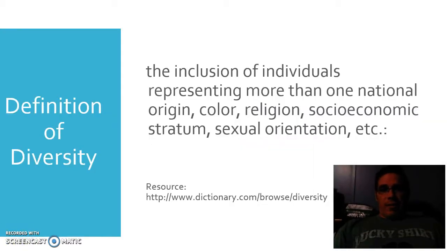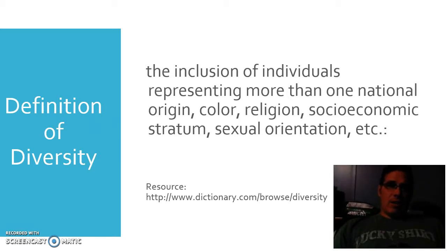So, what is the definition of diversity? We're going to start with that. Webster's dictionary basically says diversity is the inclusion of individuals representing more than one national origin, color, religion, socioeconomic stratum, sexual orientation, etc. So, what that's basically telling us is that there are so many different ways we can look at what diversity is.